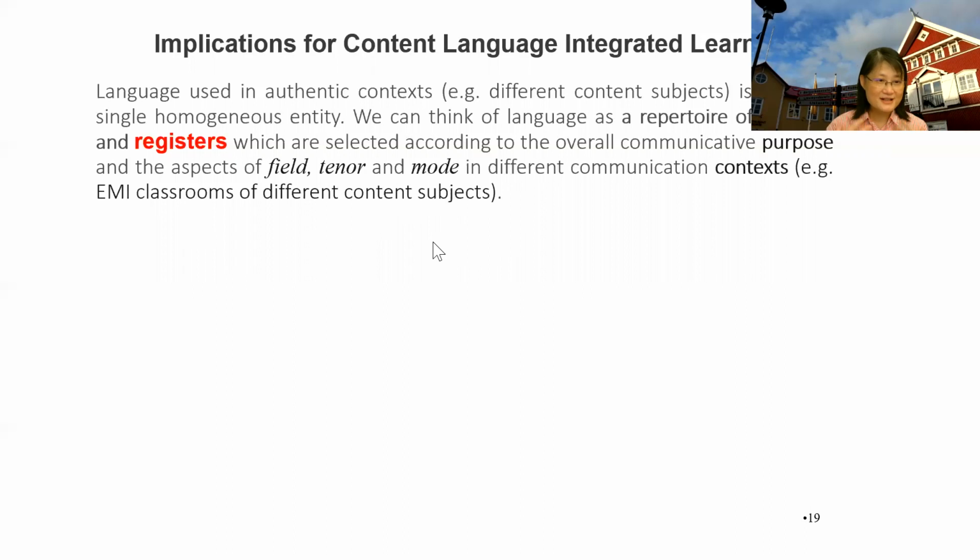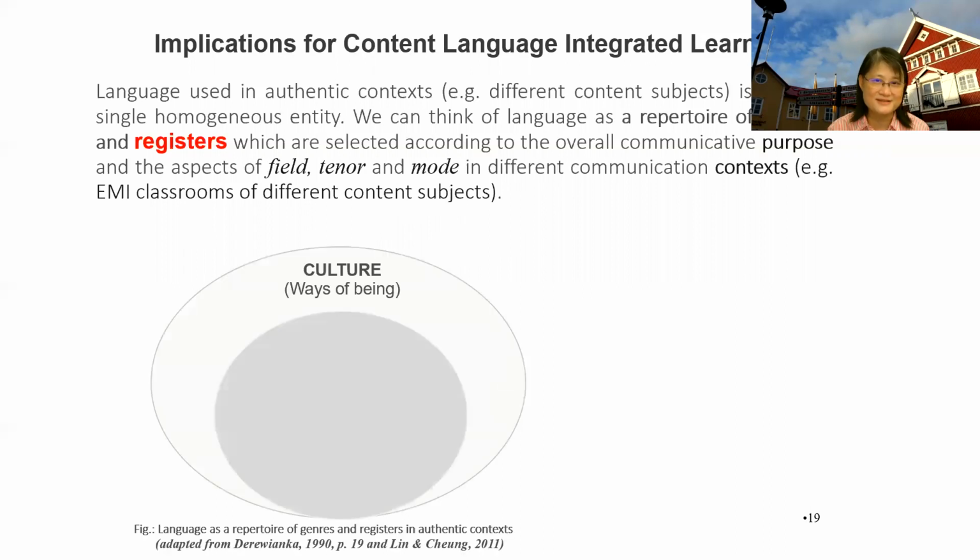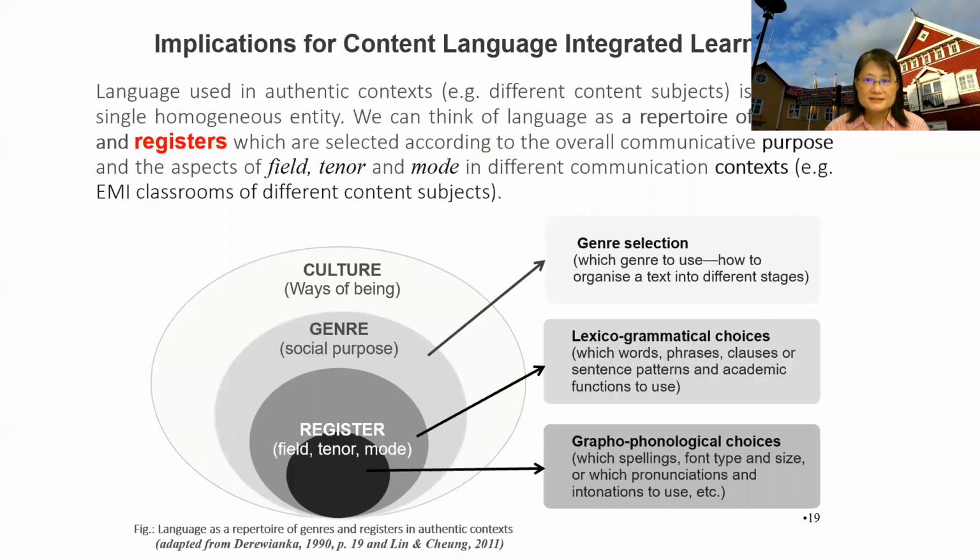Then with their metalinguistic awareness, students can analyze text for themselves, and then they can write appropriate text for appropriate communication situations themselves. So that's what we are saying. The genre selection for the social purpose and the register will shape your linguistic choices, meaning vocabulary choices, sentence pattern choices.